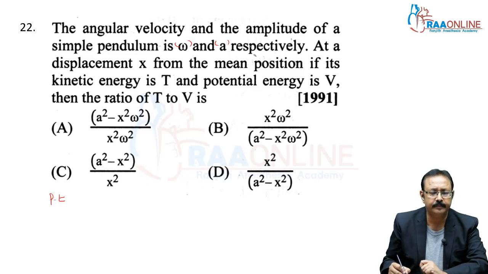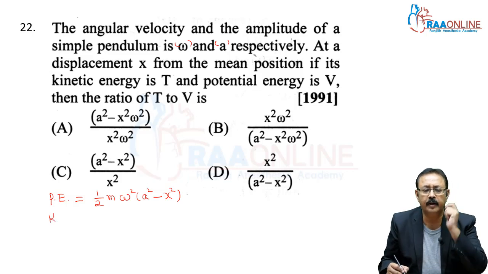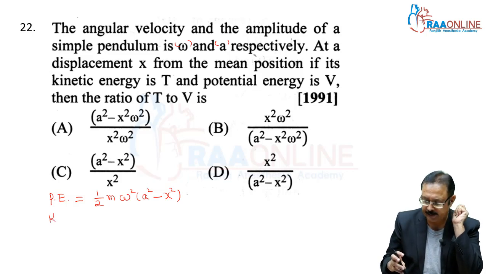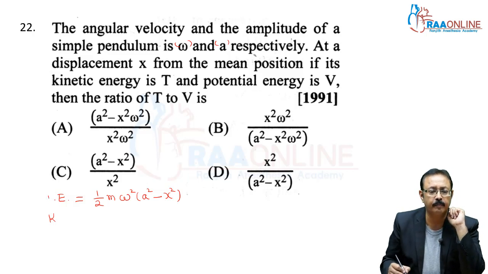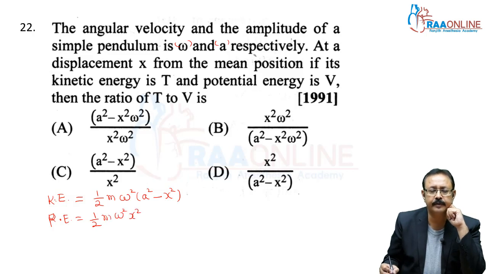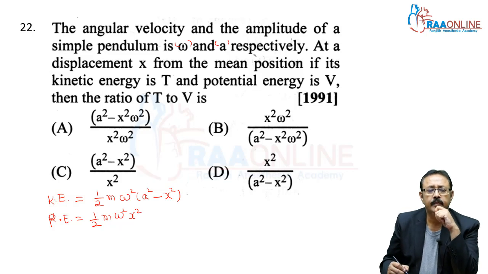Potential energy half m omega square x square, they are denoting y by x. Kinetic energy they are saying T. Potential energy they are saying V.